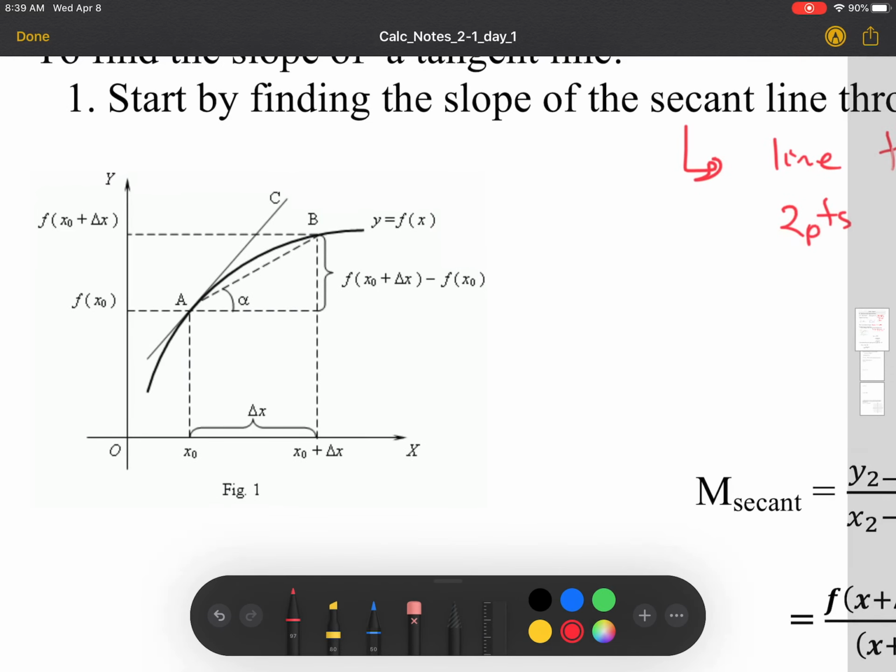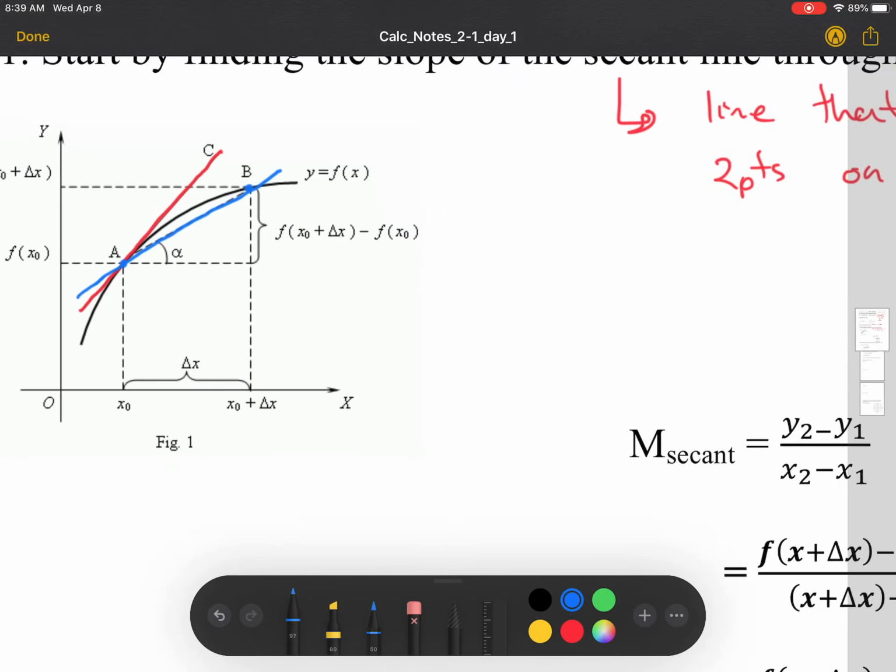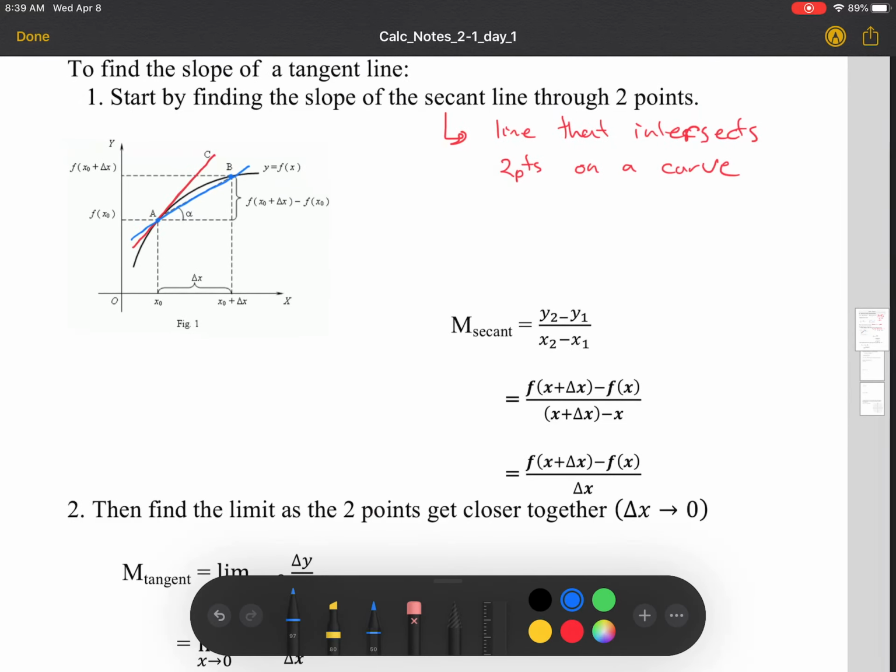If you look at this picture over here, this would be the tangent line, because it's only touching at one point. And a secant line might be the line that goes through these 2 points. So you've got your points A and B, and then you want to find that tangent line.